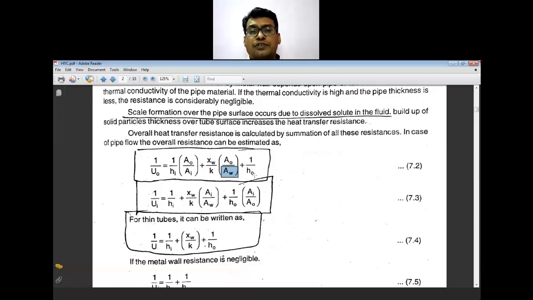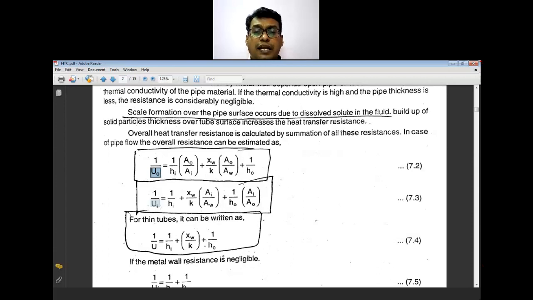So 1 upon HO, that is the outside heat transfer coefficient, and this 1 upon UO is going to give you the overall heat transfer resistance. 1 upon UO is the overall heat transfer resistance, and UO is the overall heat transfer coefficient based on the outside area.